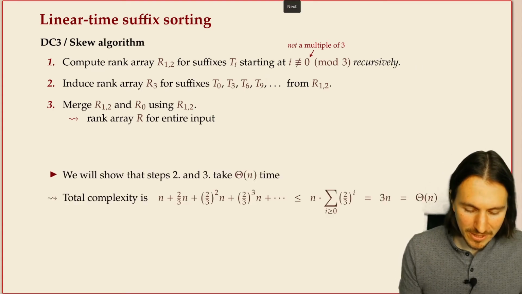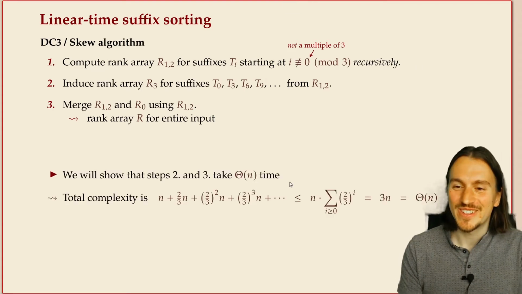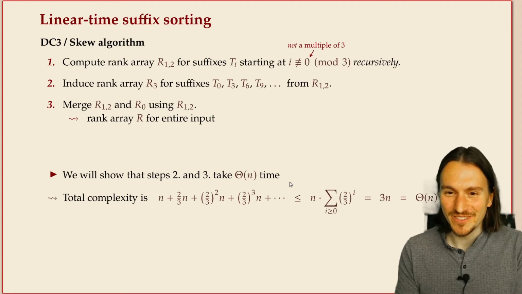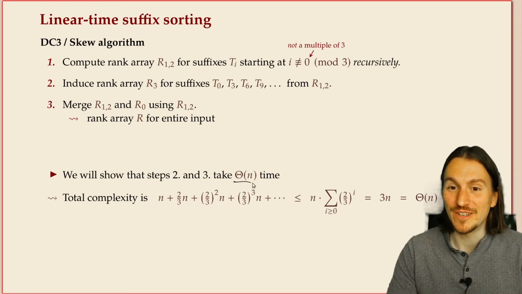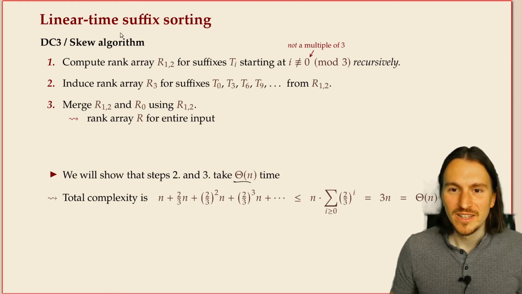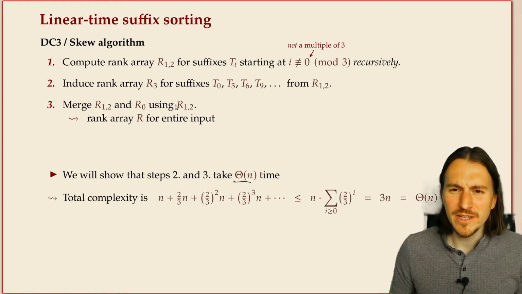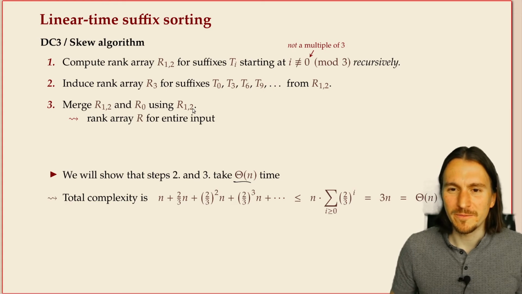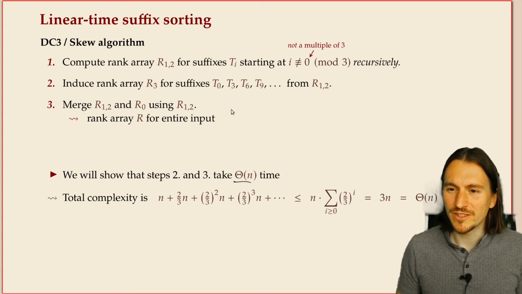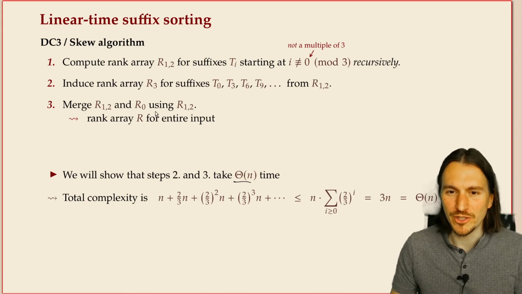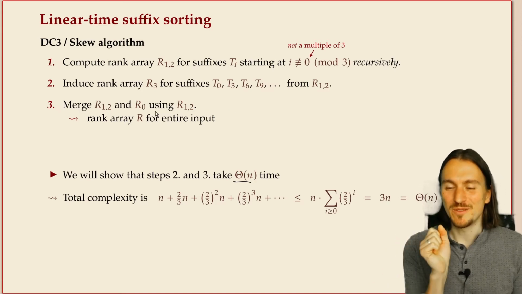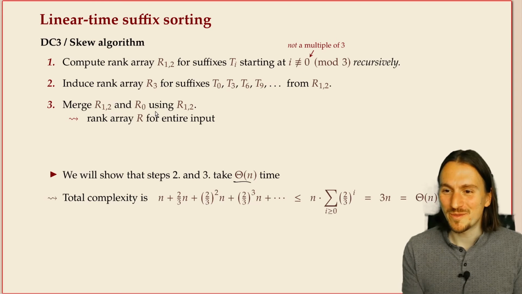Now, the magic here comes in showing that step 2 and 3 both run in linear time. Step 3, you might believe that this is doable because merging usually runs in linear time, but there's a caveat here because we're merging strings, and merging needs pairwise comparisons.